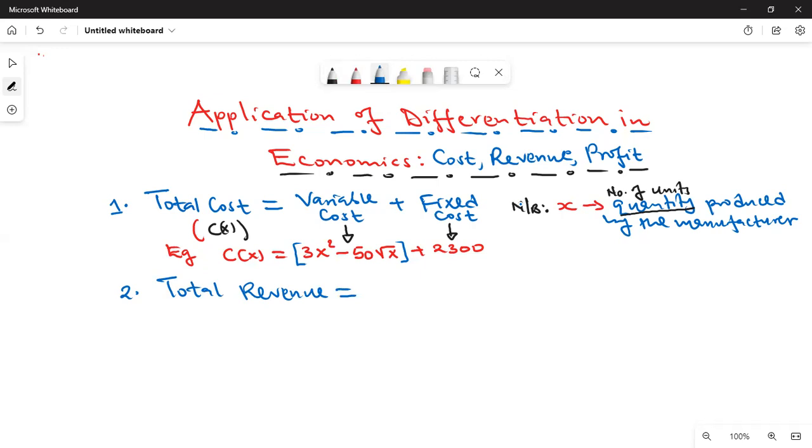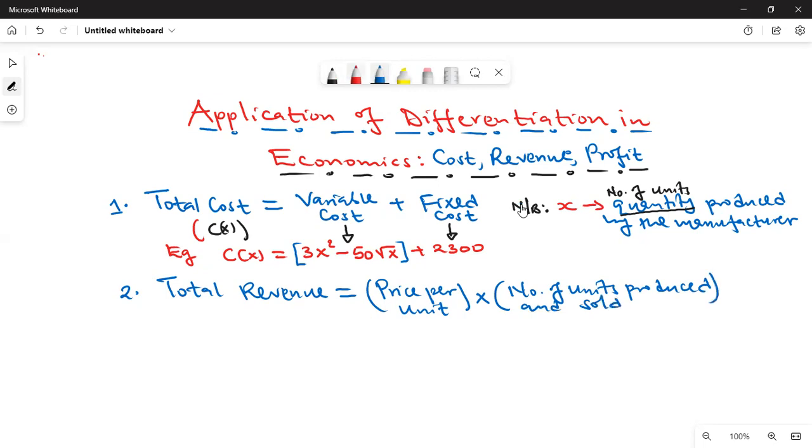Total revenue is simply equal to price per unit times the number of units produced and sold.